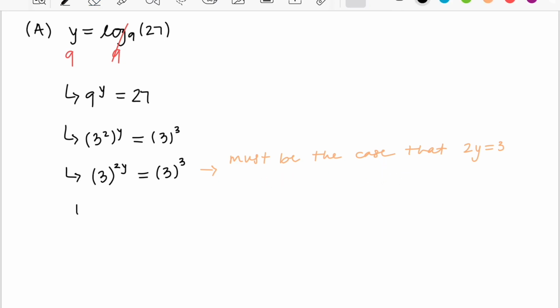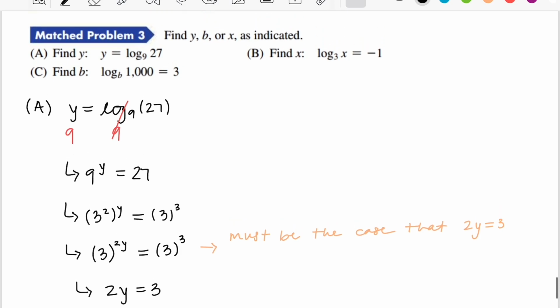Okay, so then this tells us that 2y is equal to 3, and then we can easily solve for y, and that'll be equal to 3 over 2.